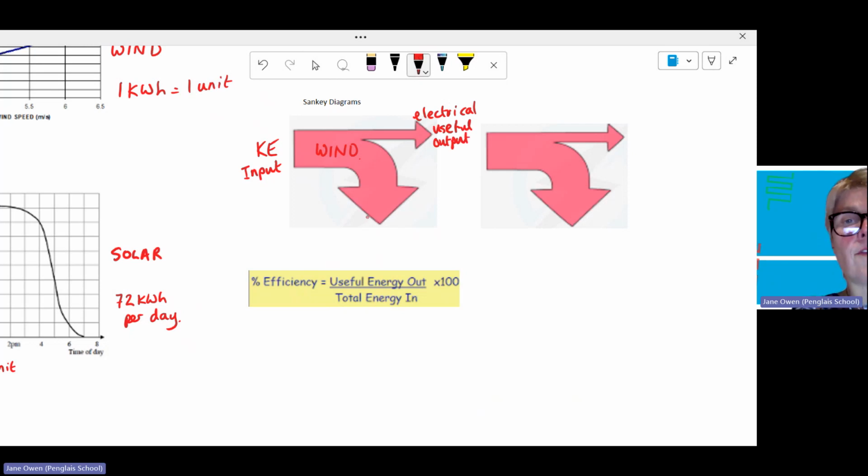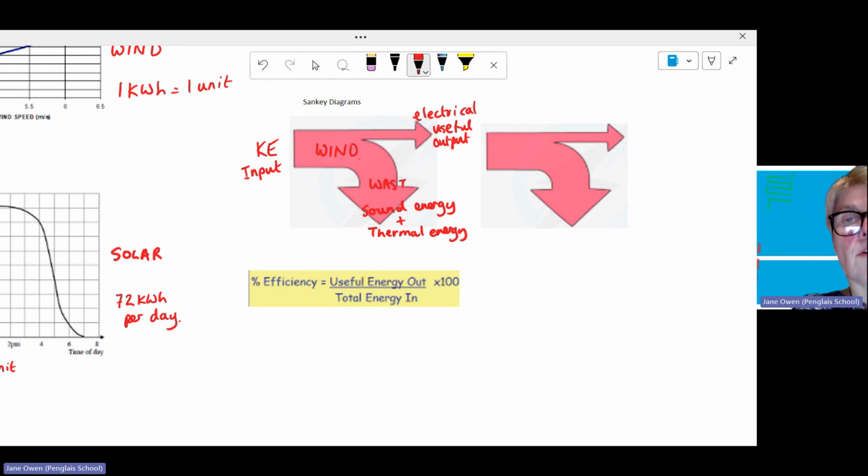The wasted energy is probably things like sound energy, and a safe bet is always thermal energy or heat energy.